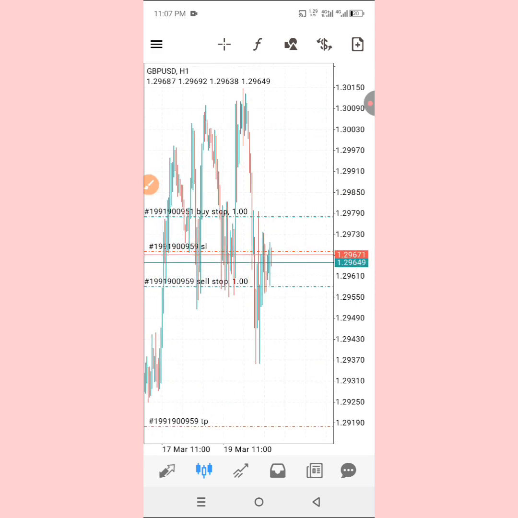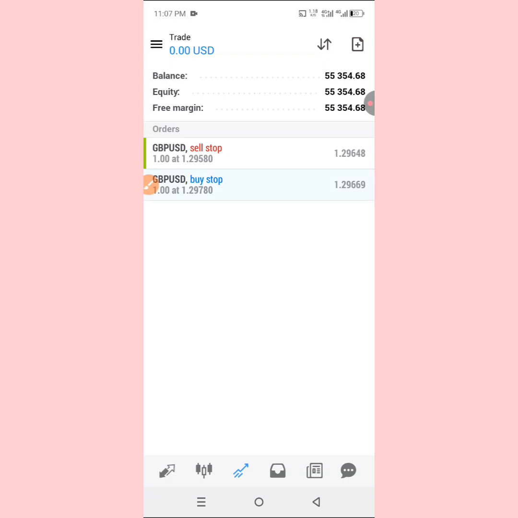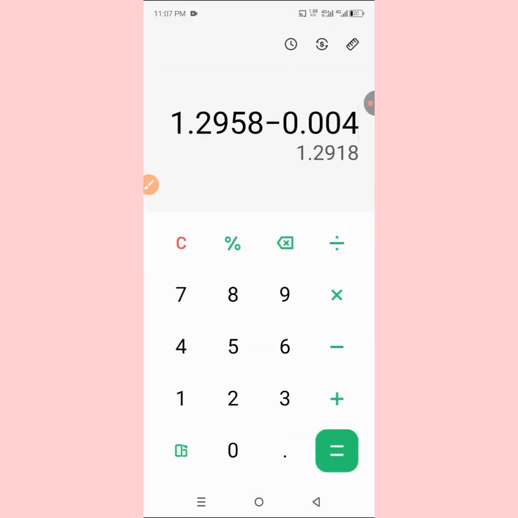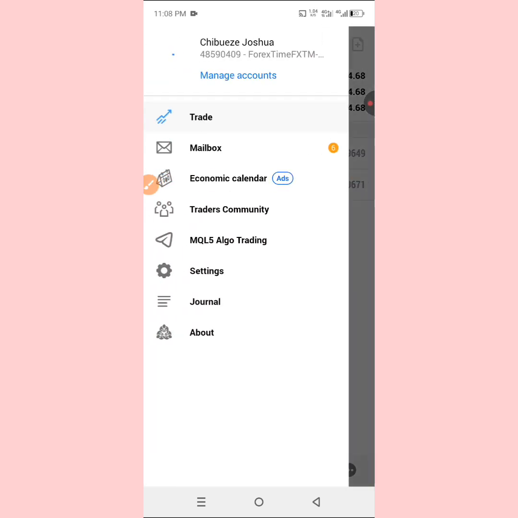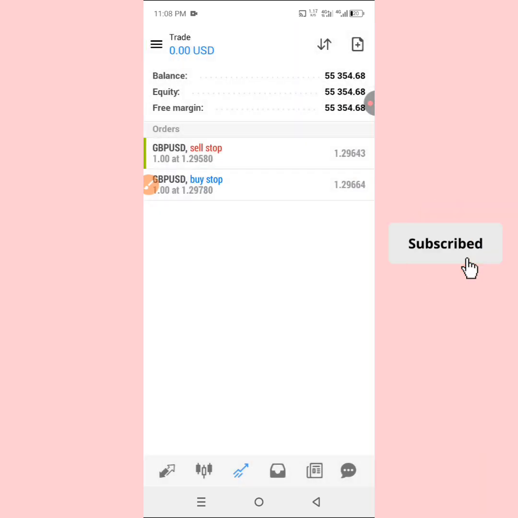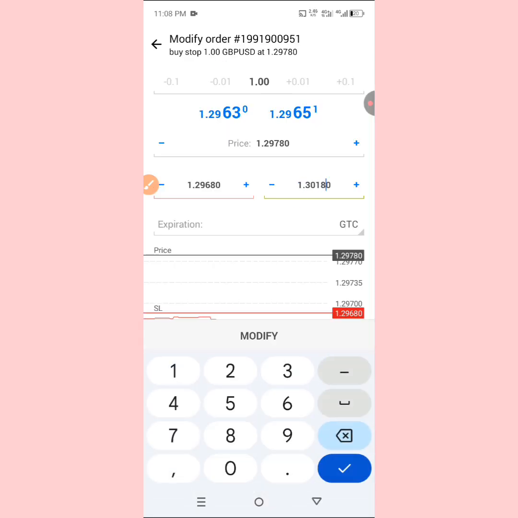Then for my take profit on the buy stop order, 1.2978 plus 0.004 gives 1.3018.